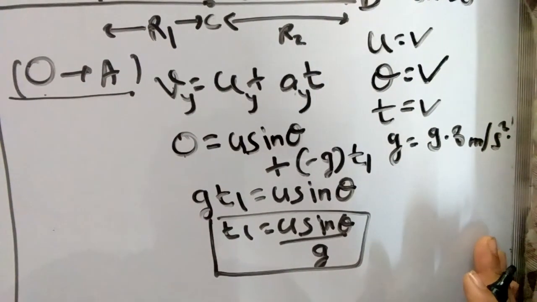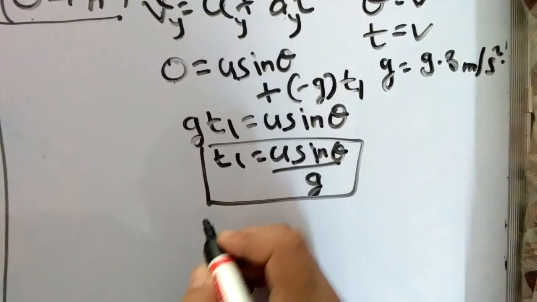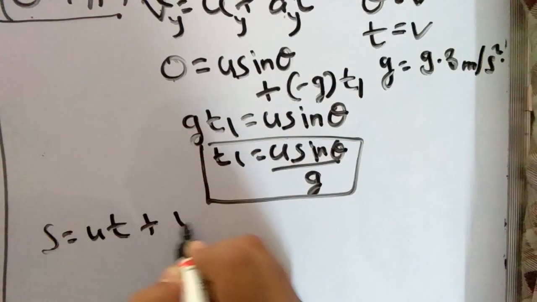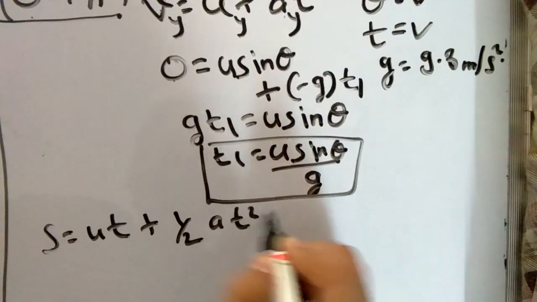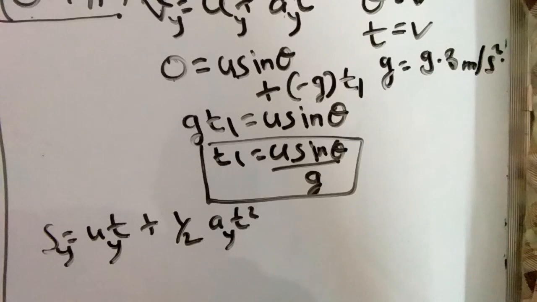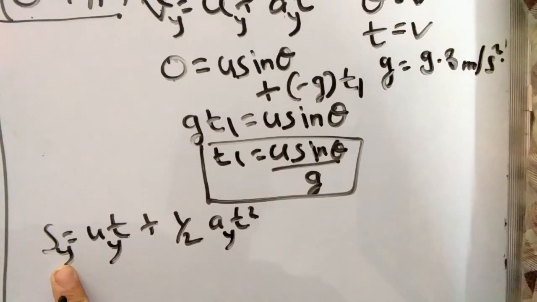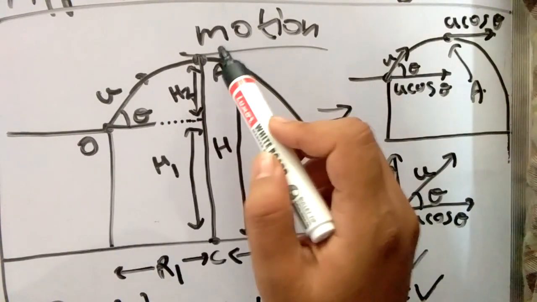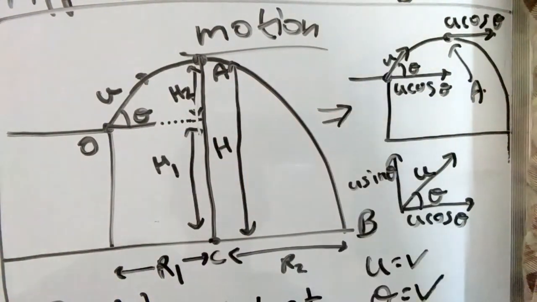Now let's write the second equation, which is s equal to ut plus half at square, and I will write it for y. Now what is hy? Hy is the distance covered in the vertical direction. From the figure you can see that for these two points O to A, the vertical distance is h2.